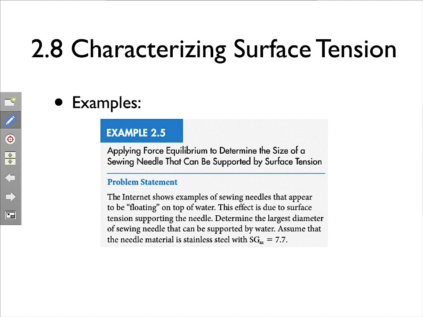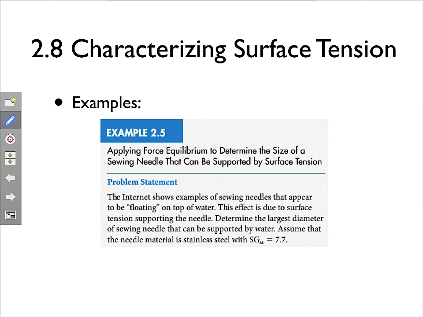So the next problem is a really interesting one. Because of this stretched membrane at the surface of water, you can take a light object such as a needle and lay it on top of the water, and the water will hold the needle in place on the surface.